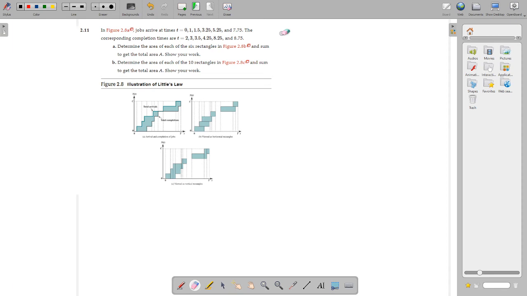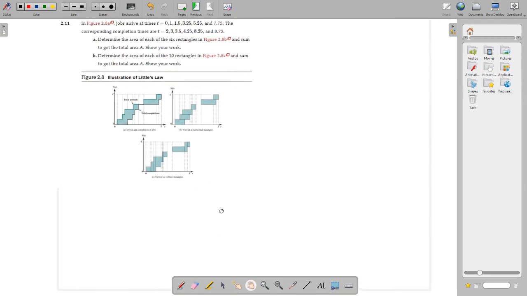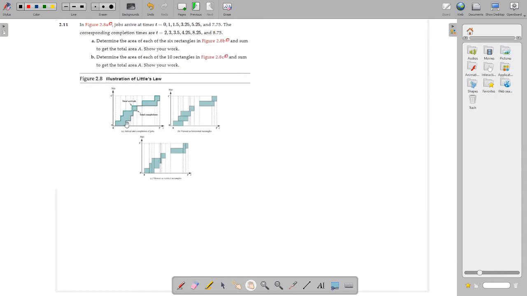They get allocated to a core, and then they run from this time to that time, and then they finish. So what we want to do is, this is actually an example of Little's Law. We want to discuss how many of these are in the system at a given time, and then determine the area of the 6 rectangles.